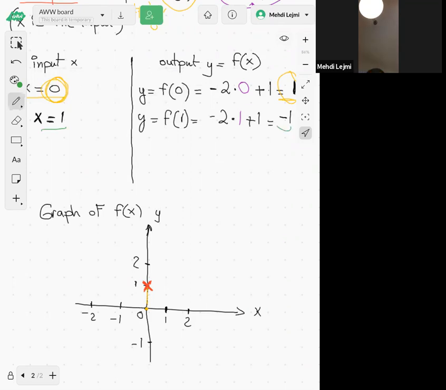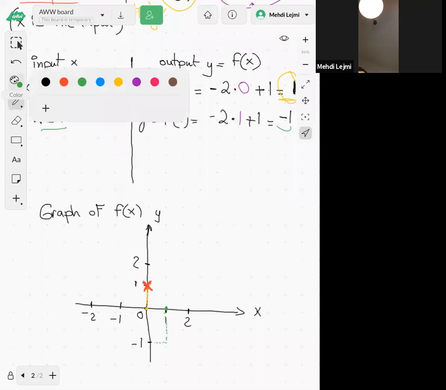So let's see where x is 1. Here's x equal to 1. Now the corresponding output is -1. So what I have to do again is draw this vertical line, and go to the level where y is -1. So I'm gonna go down, and when you arrive at the level of -1, you stop, and that will be your point.